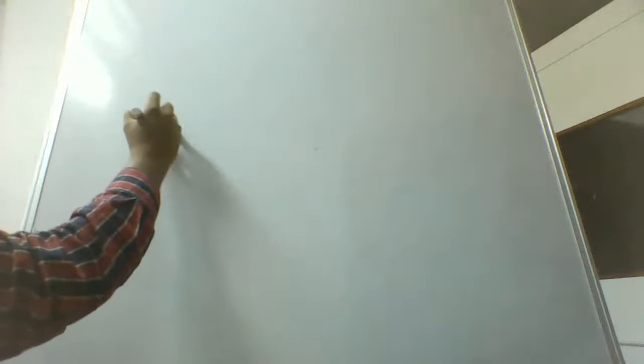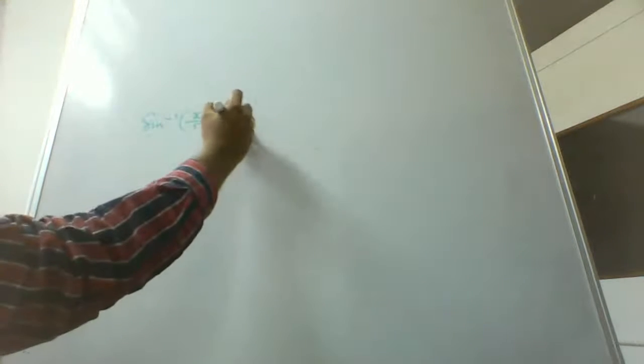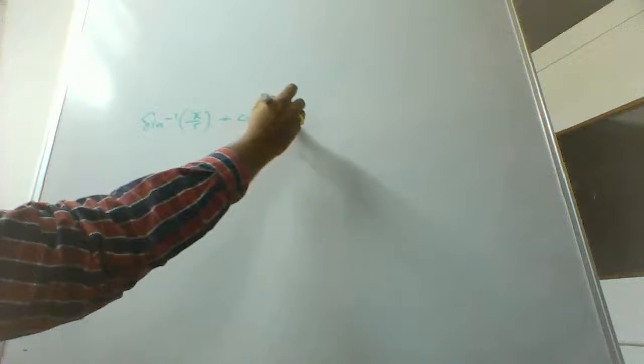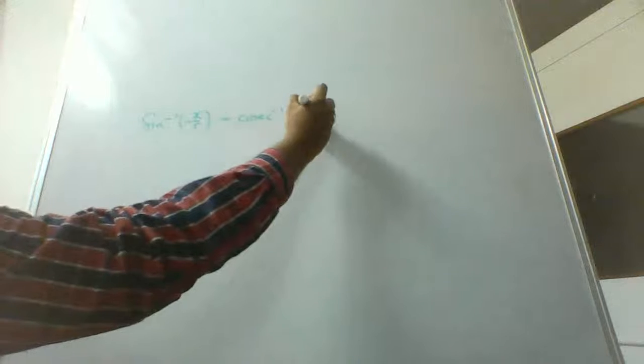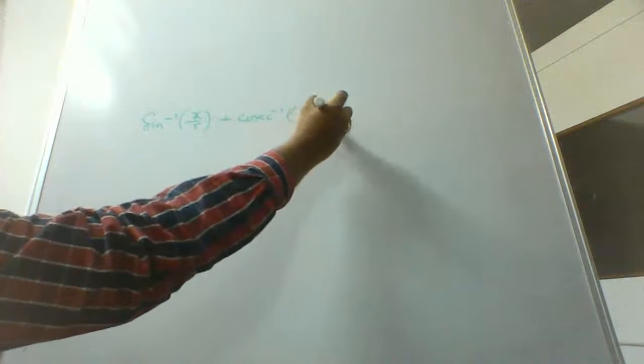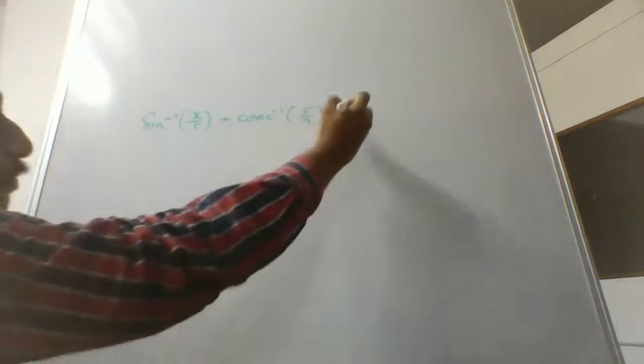Suppose I have sine inverse of x by 5 plus cosecant inverse of 5 by 4, which is equal to pi by 2.